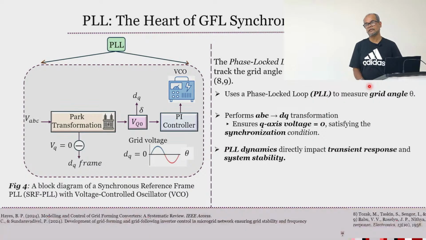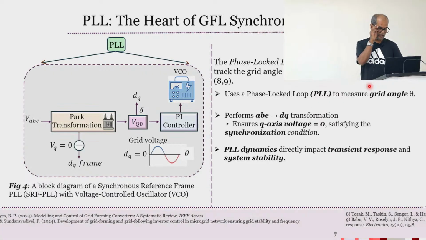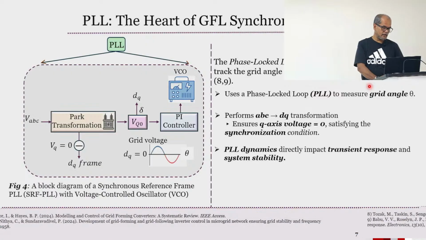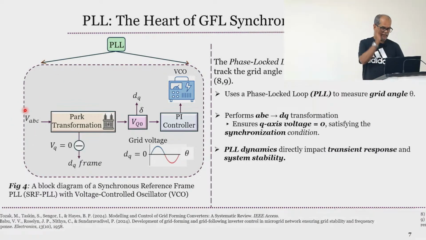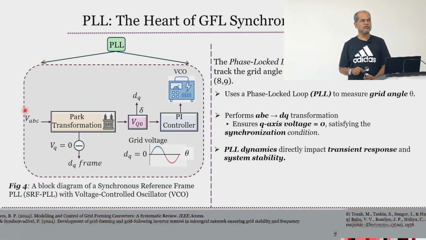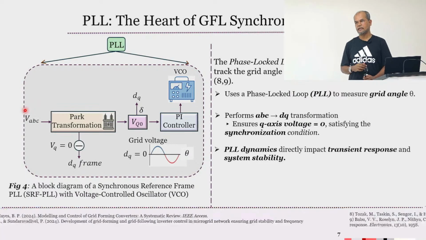So you need to consider the PLL when dealing with a grid following inverter. And if the voltage you are measuring gets distorted, it significantly affects the PLL operation, and sometimes also the system stability.